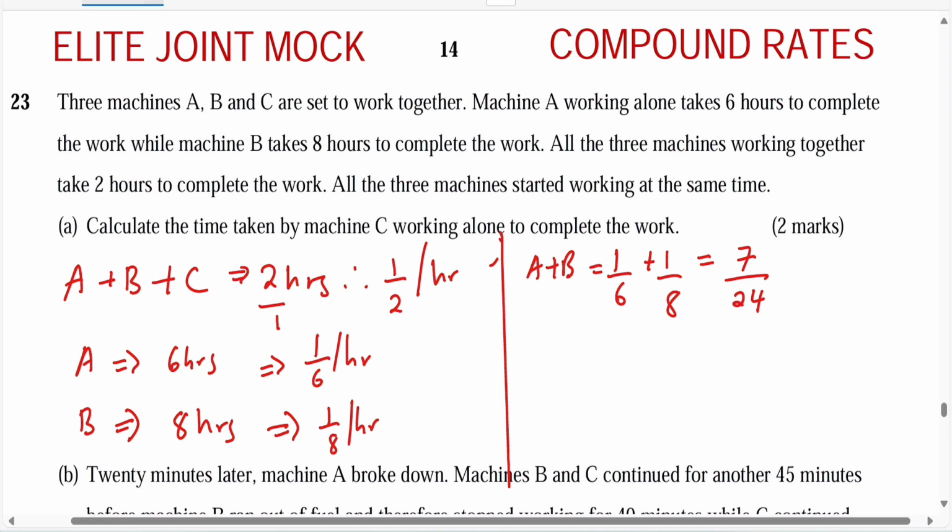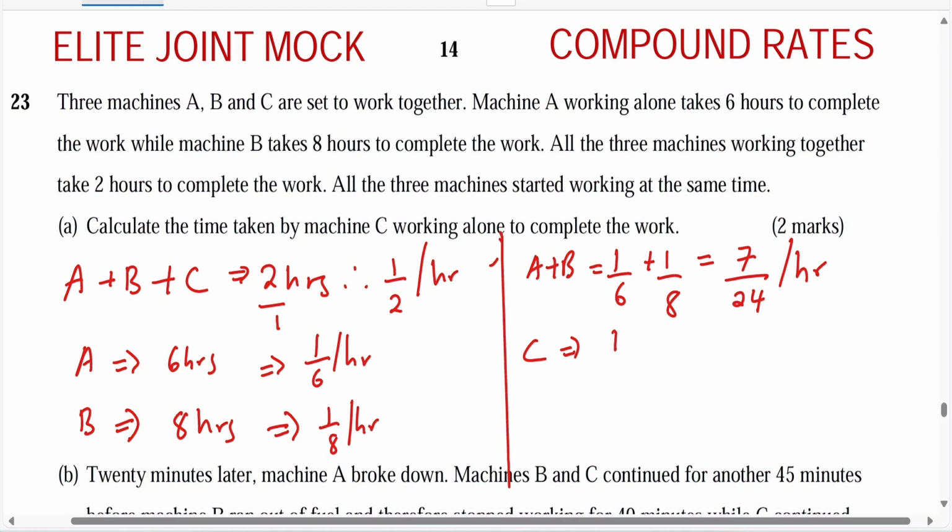So 7 over 24 per hour, or in 1 hour they complete 7 over 24. So I hope we're together on that. So now you ask yourself, what about C? What's the rate at which C is working alone per hour?